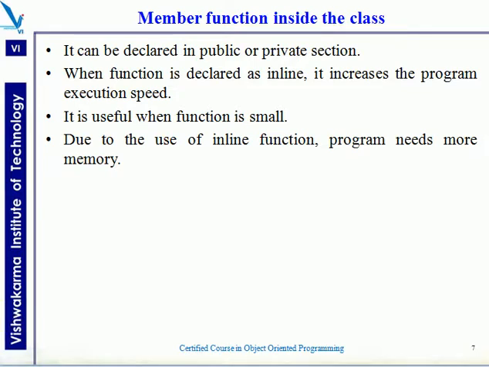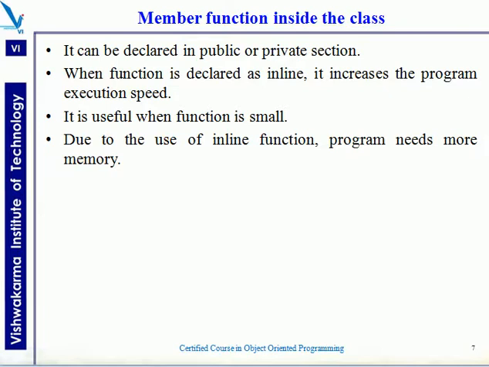Member function inside the class can be declared in public or private section. When a function is declared as inline, it increases the program execution speed. Why does this happen? Because when a function is declared as inline, the compiler copies the code of the function in the calling function.